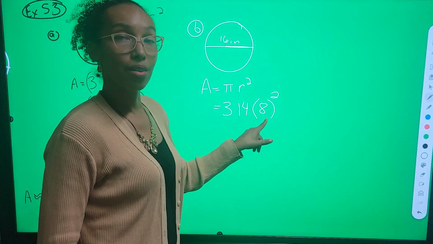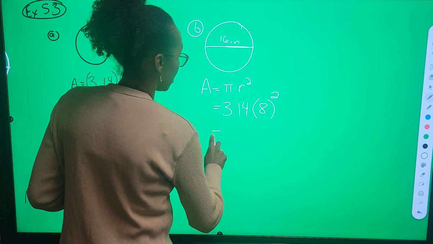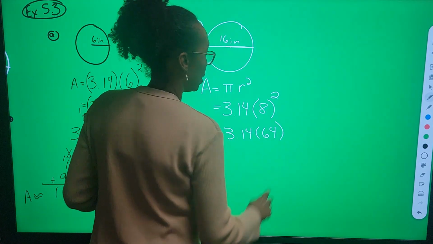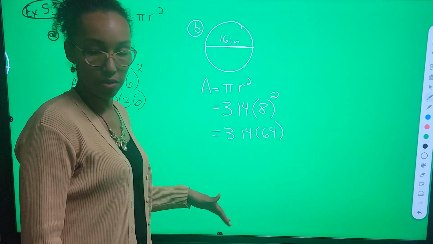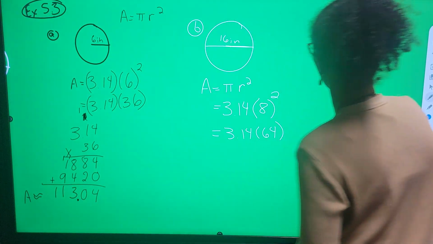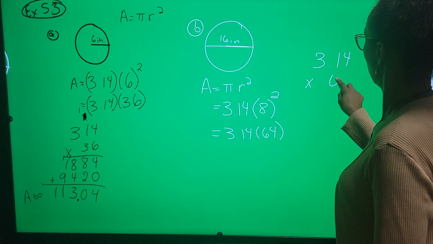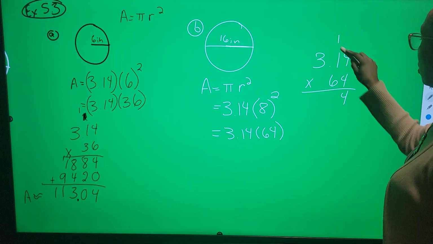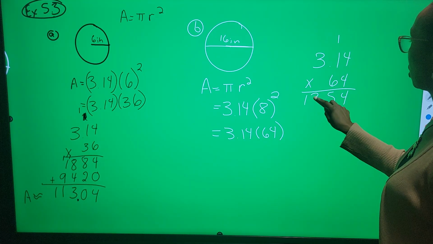Now we're going to square 8, which means 8 times 8, which is 64. And now we'll multiply these two values together. Again, I'm going to write it kind of vertically so I can see it a little more easily. So I've got 4 times 4, 4 times 4 plus 1, 4 times 3, oops.